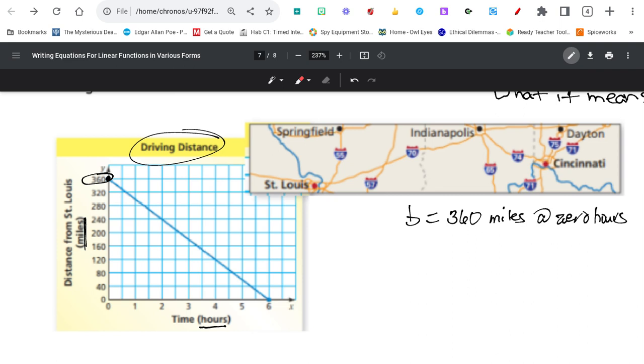At 0 hours, the distance is 360 miles. Because this is distance. So basically, before they start their trip, they got to cover 360 miles.